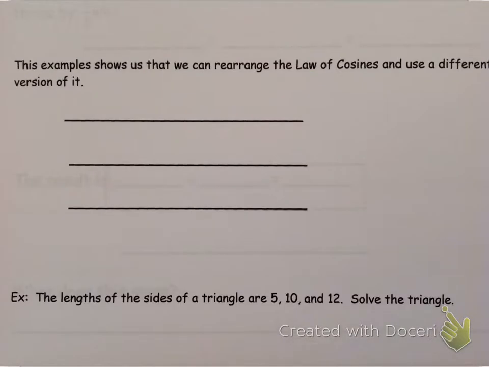So what we're going to do real quick is rearrange this law of cosines, because there are times we want to use it to find the angle instead of the side.